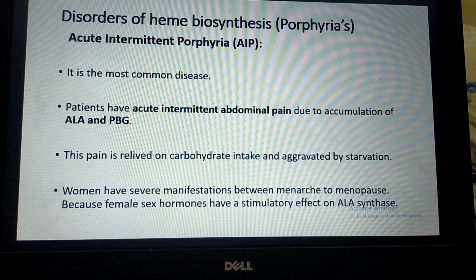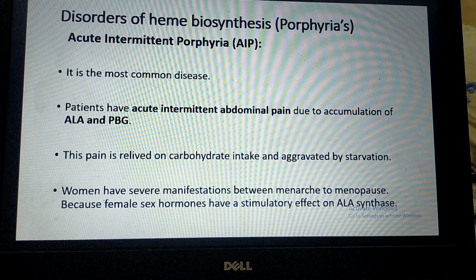At that time I told you that glucose acts as an inhibitor of the ALA synthase enzyme. ALA synthase is the main enzyme of the heme synthesis pathway. When ALA synthase is inhibited by glucose, heme synthesis stops.